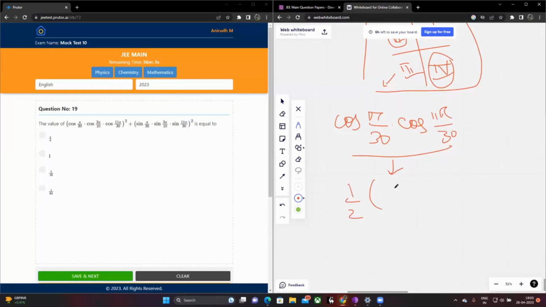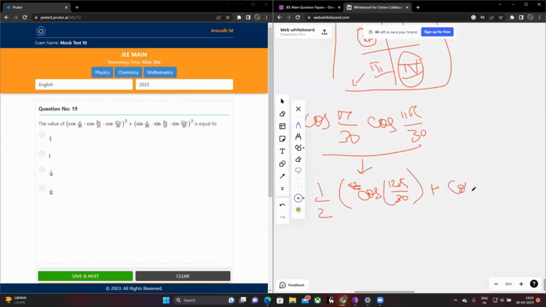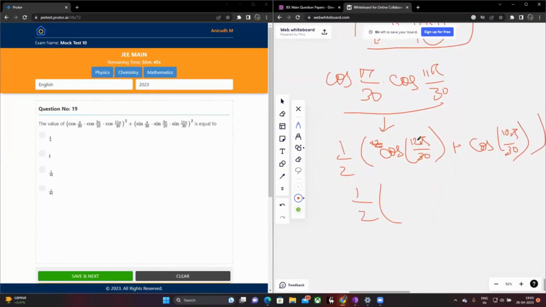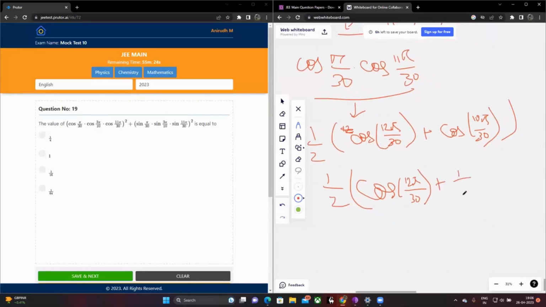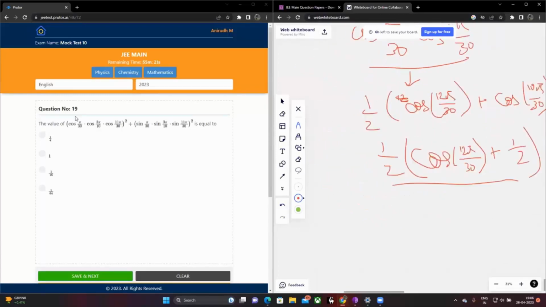So that is cos of 12 pi by 30 plus cos of 10 pi by 30, which is half of this. I just keep this as 12 pi by 30 itself. And 10 pi by 30 is pi by 3, and cos pi by 3 is cos 60, which is half, right? This is the simplified form of cos pi by 30 into cos 11 pi by 30.